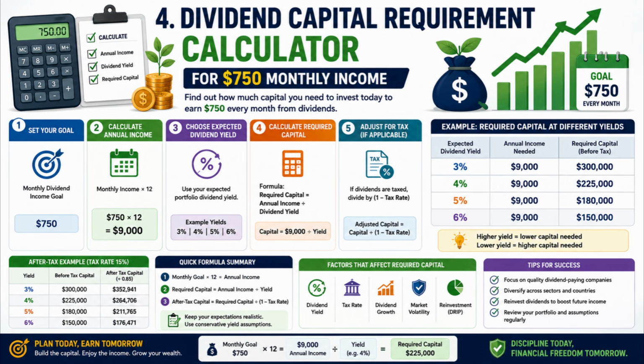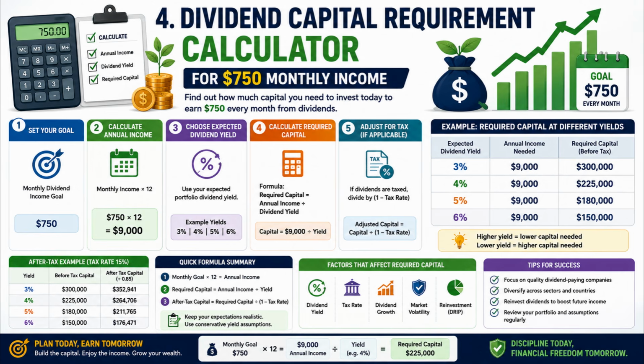Next, adjust the calculation for tax when applicable. If dividend income is taxed, the portfolio may need to generate more than $9,000 before tax to provide $750 per month after tax. For instance, using a 15% tax rate, the required capital can be adjusted by dividing the before-tax capital by 0.85. At a 3% yield, the adjusted capital becomes approximately $352,941.